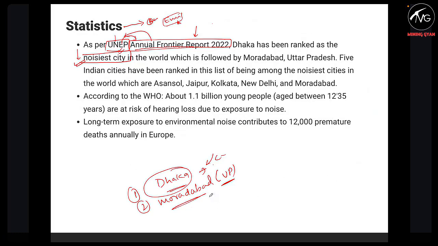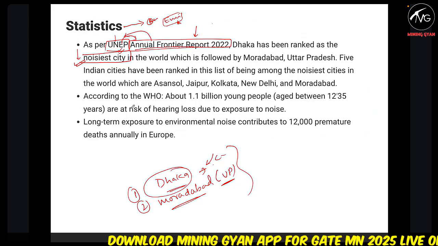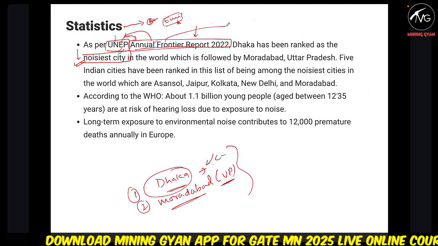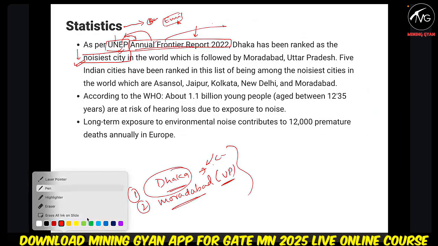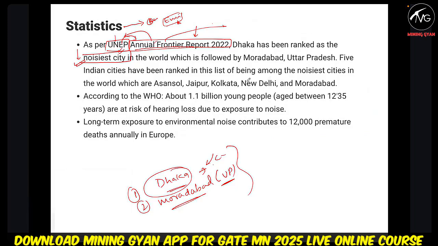Then if you want to know about the other five cities of India according to these reports, they are Jaipur, Asansol, Kolkata, New Delhi, and we have seen Moradabad.